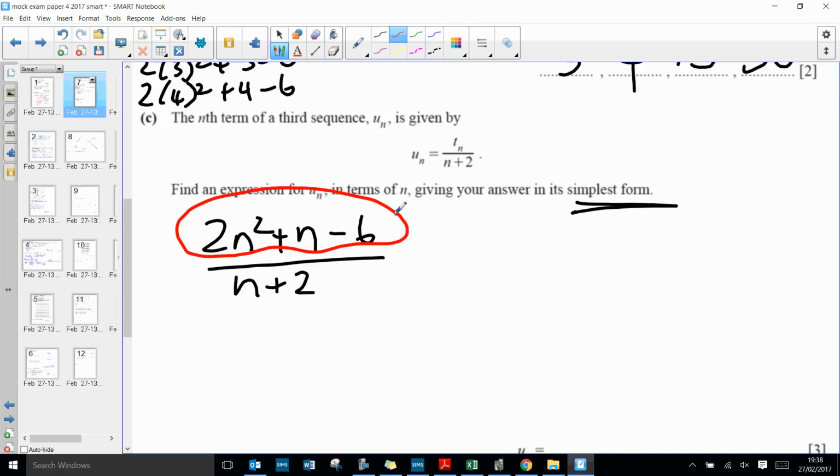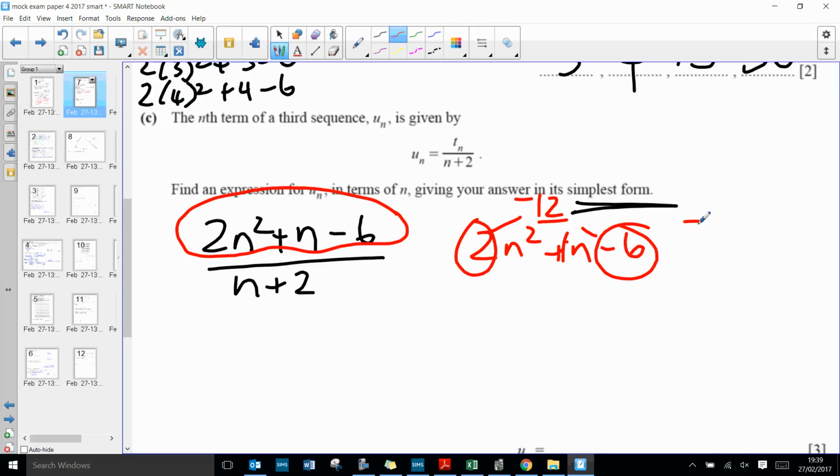So to factorize this expression, we multiply first and last terms. Find two numbers that multiply to give negative 12 and add to give positive 1. And that would be positive 4 and negative 3. So we're going to split this term into those two numbers.